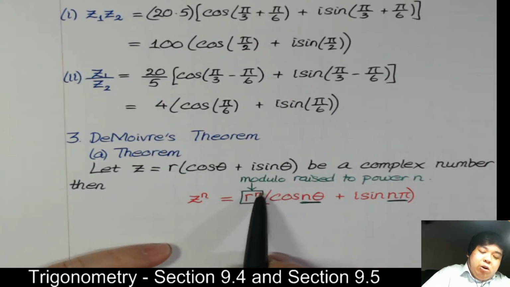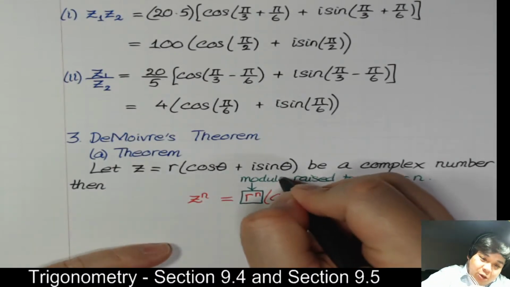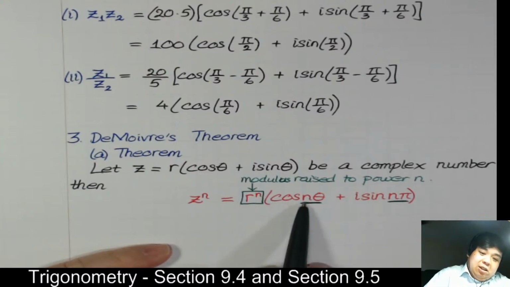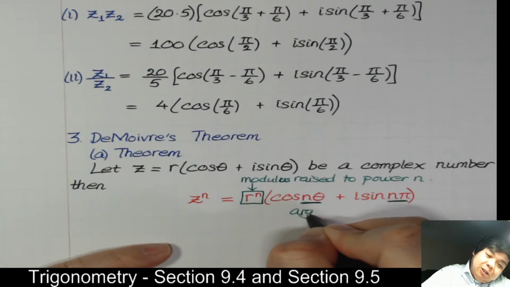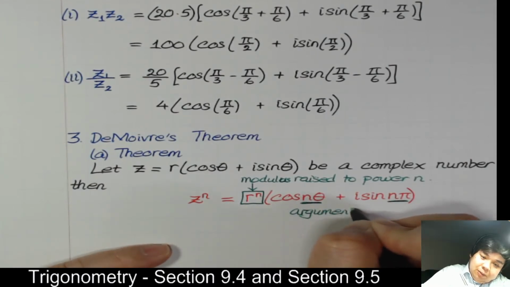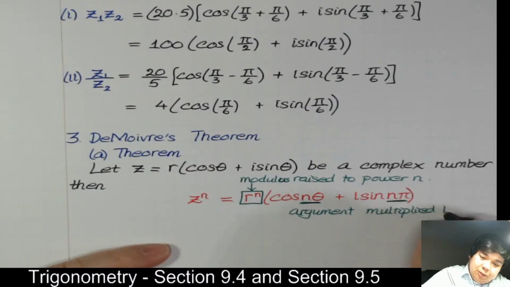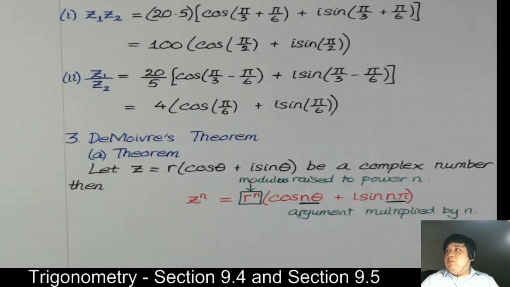So the modulus raised to the n power, the modulus raised to the power of n, and then the argument multiplied by n. So that is where we raise a number to that.